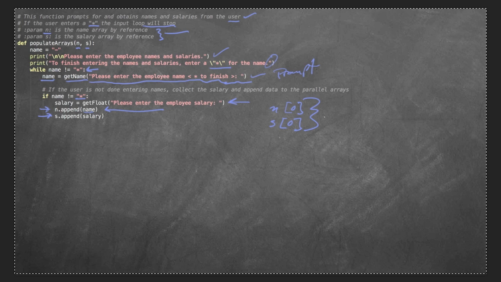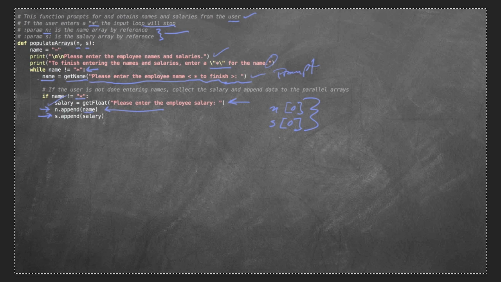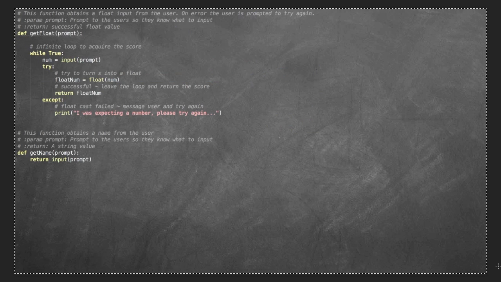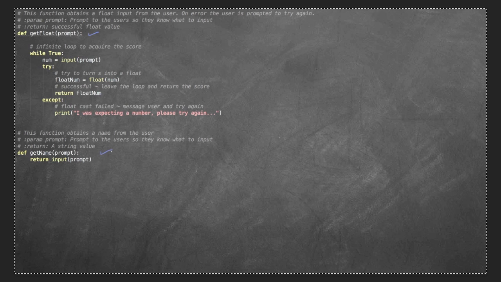So let's take a minute and go back and have a look at getting the salary function, and the name function. When I wrote my input function for getting the data in there, I used two other functions. One was getFloat, and the other one was getName.